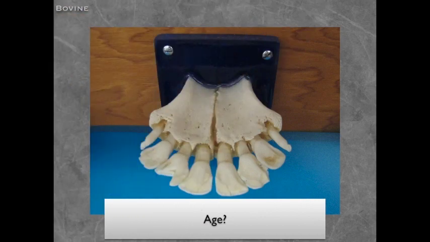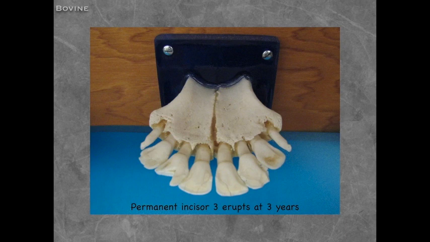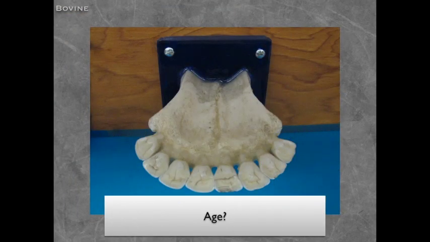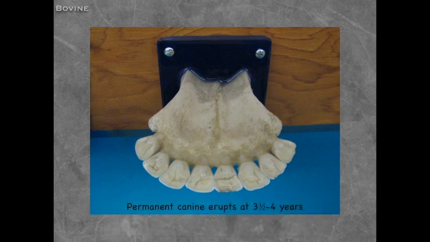Our third incisor is going to come in at 3 years. And then finally, our permanent canine tooth is going to come in at 3.5 to 4 years. So these guys are considered full-mouthed at 4 years of age.